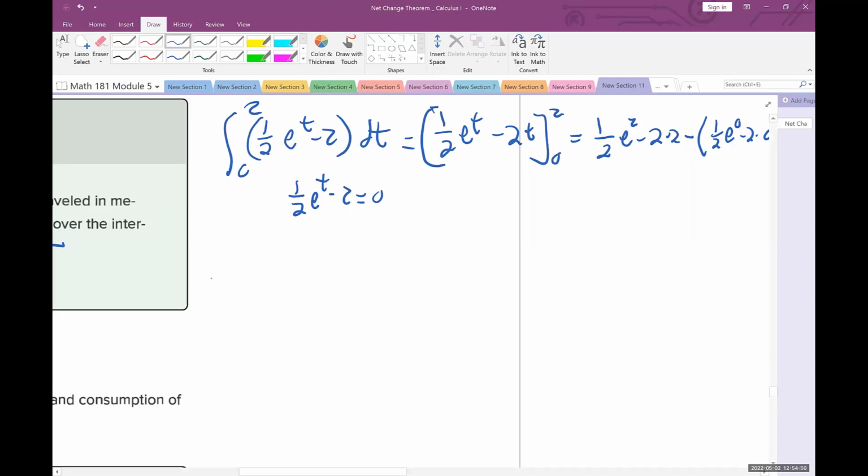Okay, the graph looks like this. So we have a portion that's below the axis and a portion that's above, and it crosses just before 2. So right there.